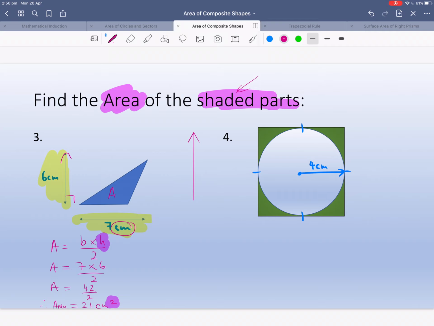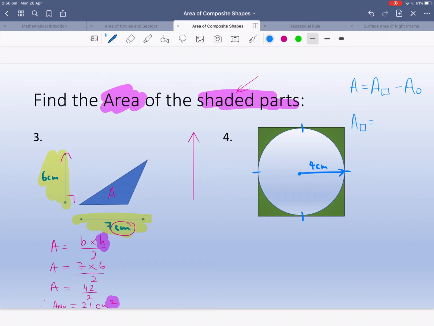We have the square, which is here, and we have a circle, which is here. I'm going to delete all that yucky stuff off. Alright, so the area is going to be the area of the square minus the area of the circle.